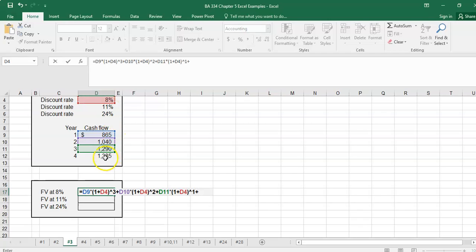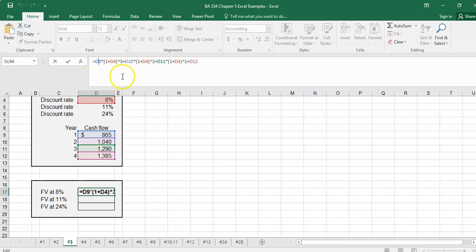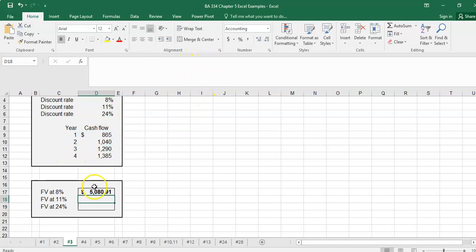And then in year 4, that money has just been deposited, so it won't earn any interest. So remember, we're looking at present value now instead of future value of these funds. We can, in Excel, if we lock our cash flows, we can copy that formula instead of retyping it, and it will give us the future value of those amounts.